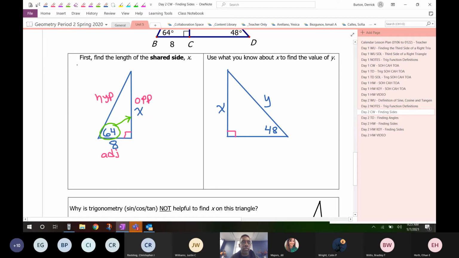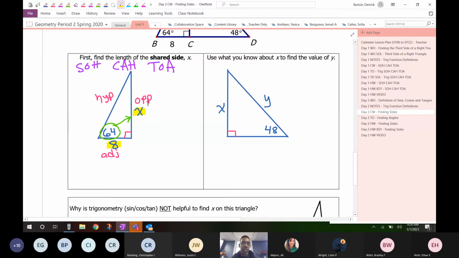When you think about your Sohcahtoa, you have to decide which function you're going to use, sine, cosine, or tangent. But look at the two things that we are dealing with. We have the 8 and we have the x. The hypotenuse is empty and blank.